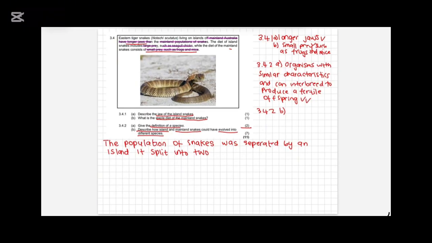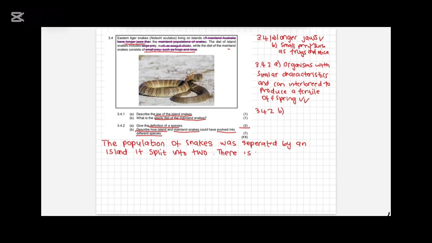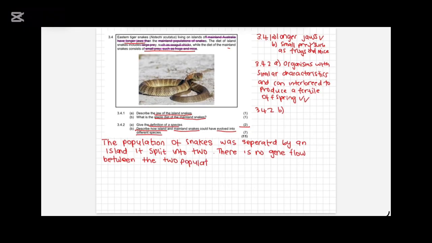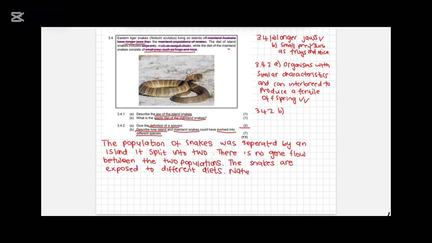Now, after it splits into two, there is no longer gene flow between the two populations of snake. Now, these two populations will then undergo natural selection. This is because they are exposed to different environmental conditions.